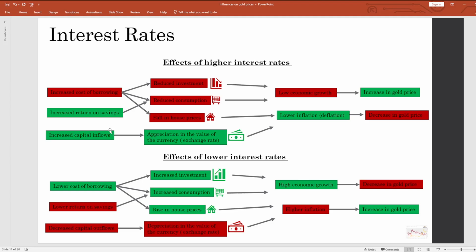And so if you imagine a country A and a country B, let's say in country A the savings accounts are offering a savings rate of 1%, and in country B they're offering a savings rate of 3%.